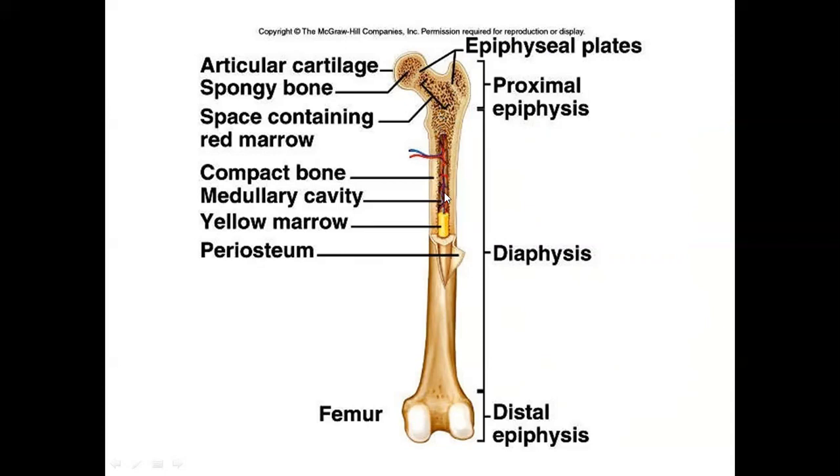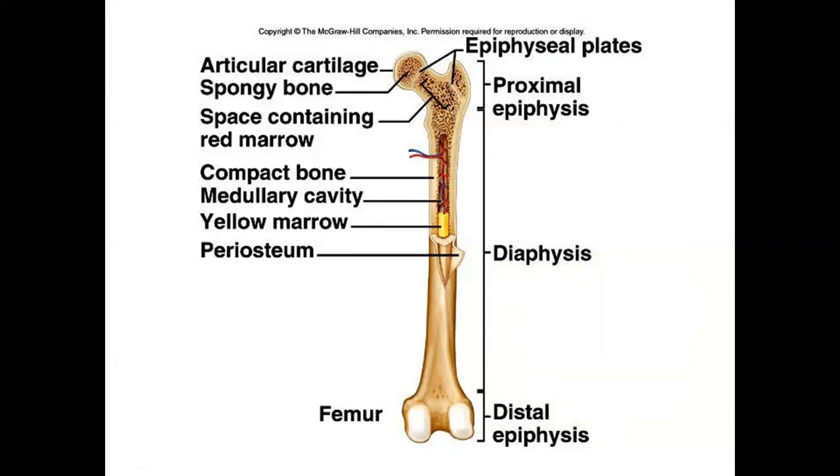Blood circulation occurs throughout the spongy bone and compact bone. There is the presence of both red bone marrow and yellow bone marrow. Generally, red bone marrow is more pronounced within the spongy bone at the epiphyseal region.